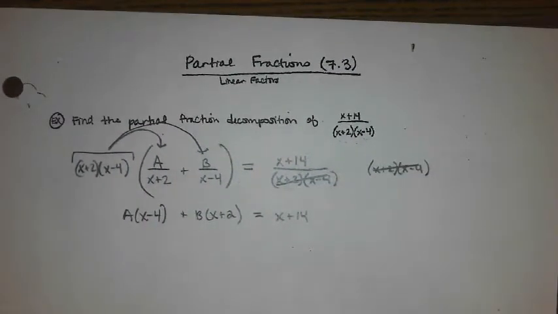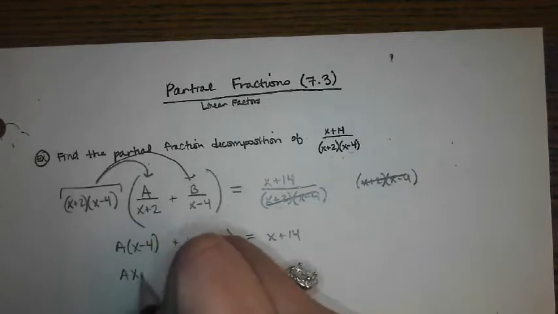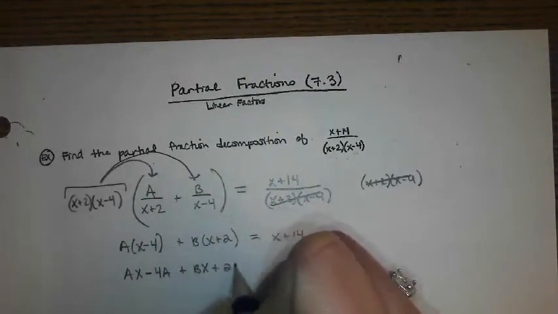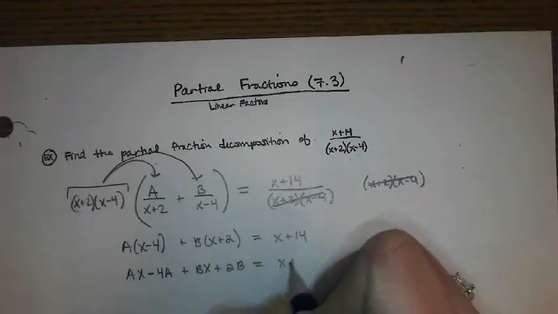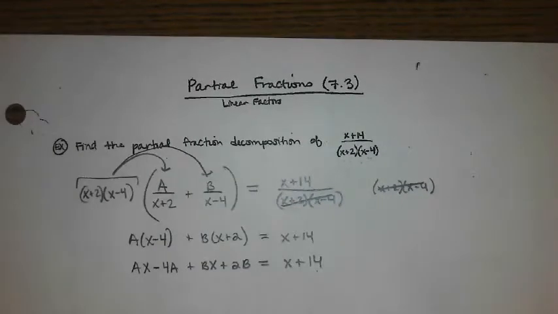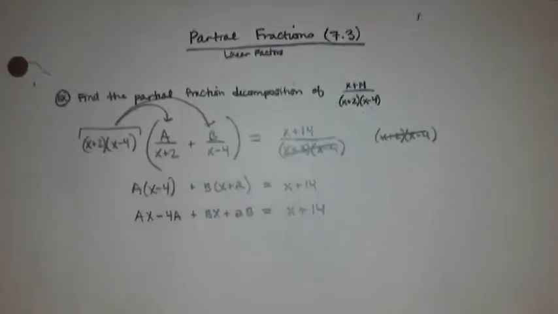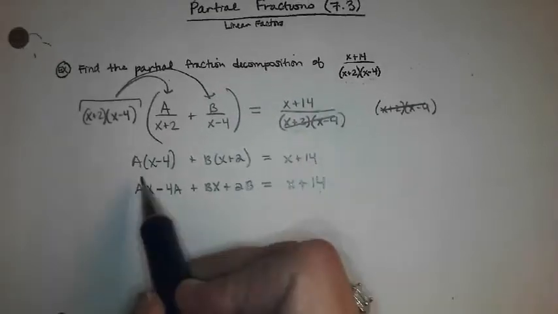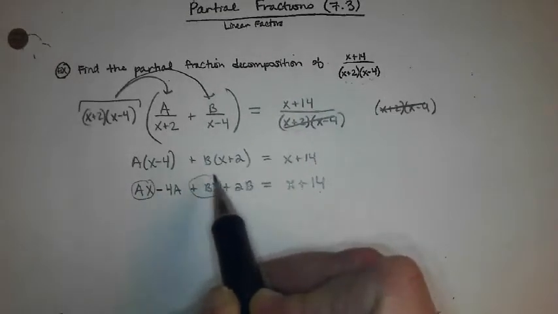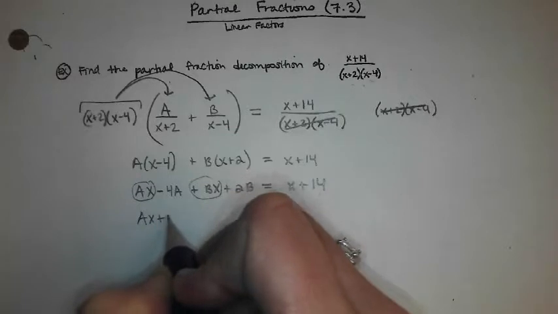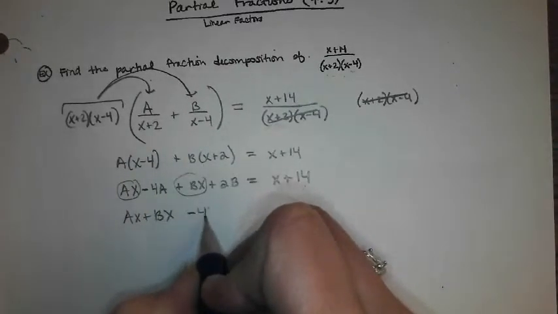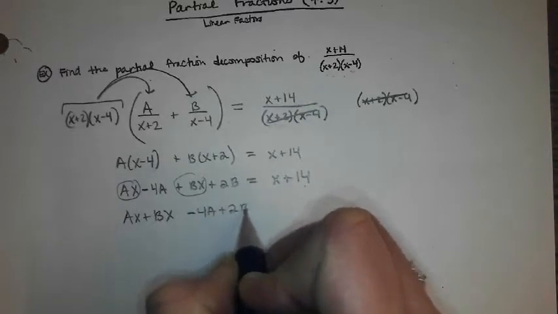And so we distribute: Ax minus 4A plus Bx plus 2B equals x plus 14. And on the left side, you would then normally combine your x's, correct? So if you combine your x terms, Ax plus Bx, you'd have negative 4A plus 2B.